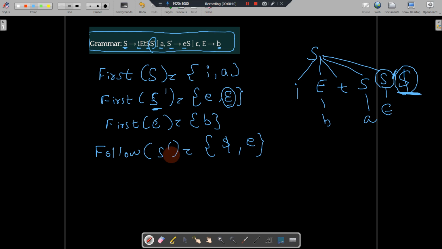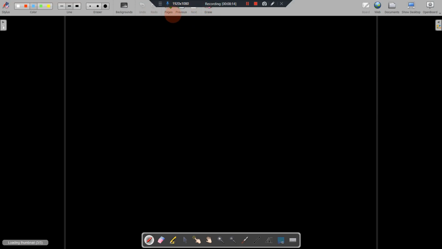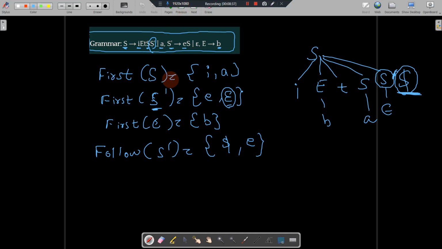Okay. Now what we will do is, next slide we will make the parse table. So on the rows we will write all the non-terminal symbols. S, S dash, capital E. Yes, S, S dash, capital E, okay.